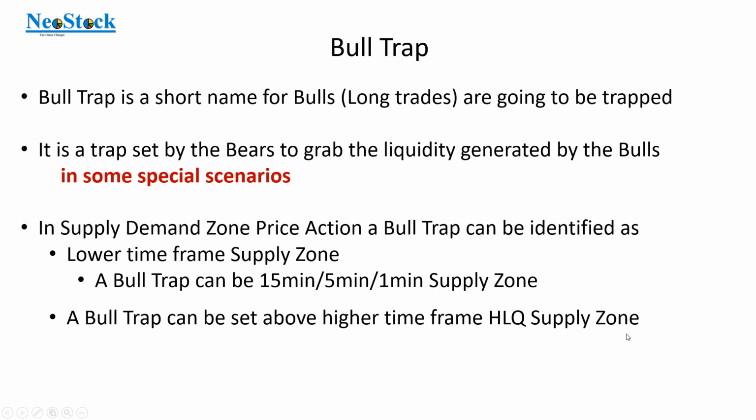And if you already have knowledge of conventional technical analysis concepts like support and resistance levels, above the support level or resistance level, institutions will keep a bull trap. And I don't know how many of you are aware, there is a concept called channels. We can create channels using conventional technical analysis.